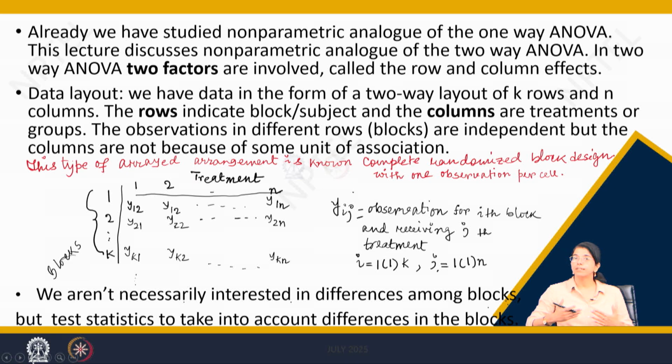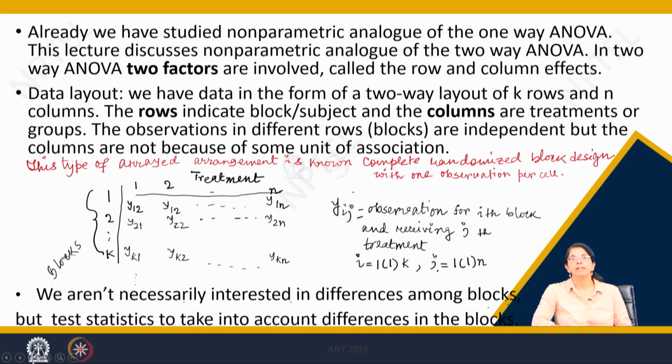Clear? On the contrary, if you look at the columns of that rectangular array, you will have the treatments or the groups, and these treatments may have some association. This type of array arrangement is known as a complete randomized block design with one observation per cell.